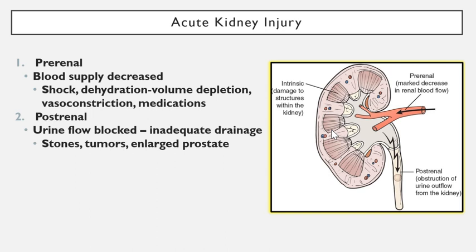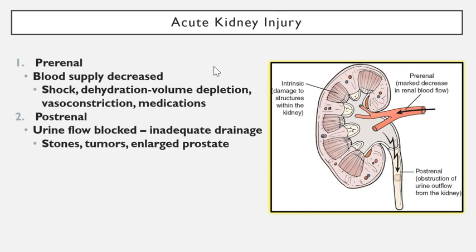If there's some type of problem with that blood vessel, then that would be a pre-renal condition. There's post-renal condition, which is the urine flow is blocked, and so there's inadequate drainage. So we're talking about stuff that is more in this duct. You can imagine things like kidney stones. That is a post-renal, probably the most common post-renal blockage.